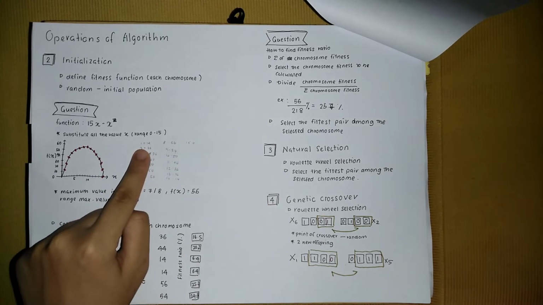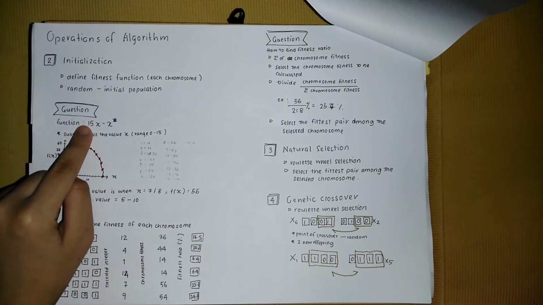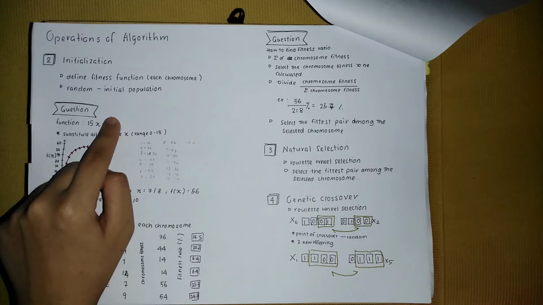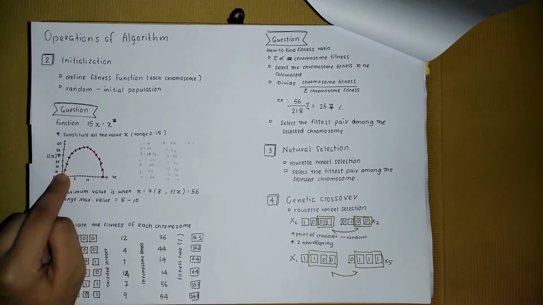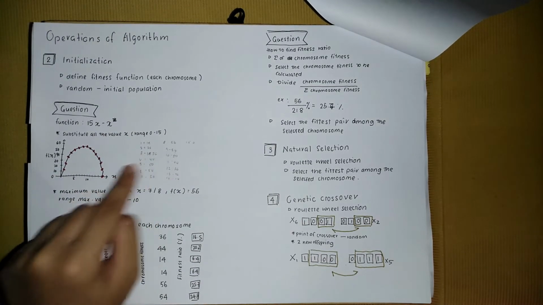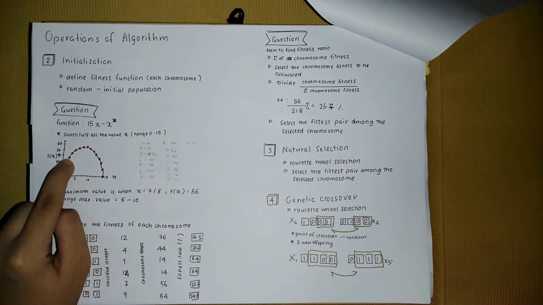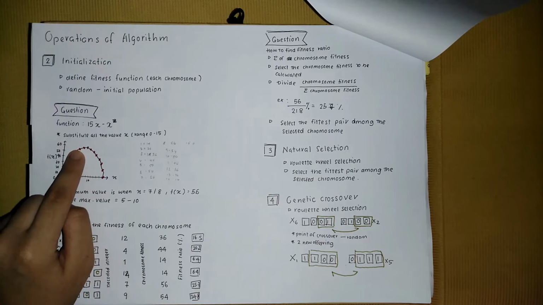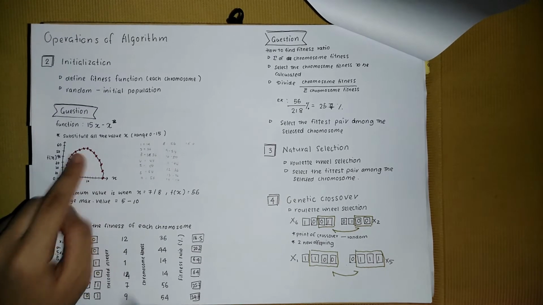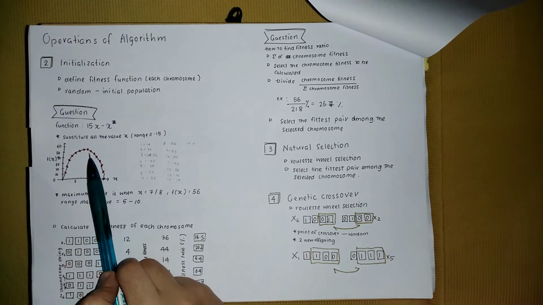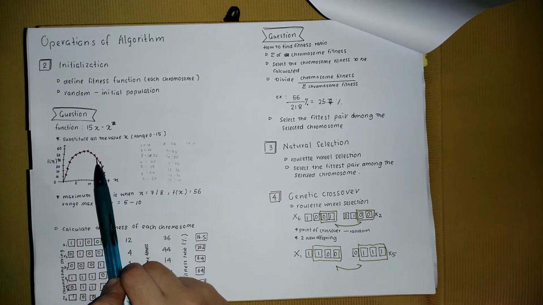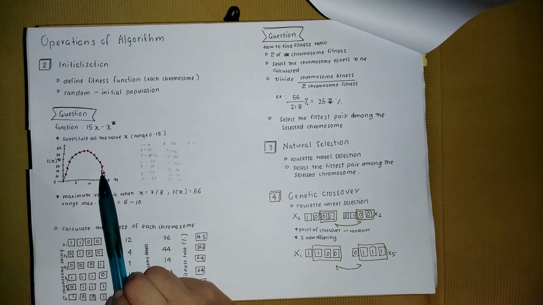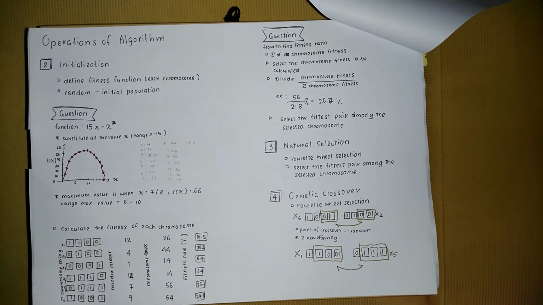Here, I already substituted that. If in 15x minus x squared I substitute x equal to 1, it is equal to 14. So I plot here 14, and so on: 2 will be 26, 3 will be 36, 4 will be 44, 5 is 50, 6 is 54, 7 is 56, 8 is 56, 9 is 54, 10 is 50, 11 is 44, 12 is 36, 13 is 26, 14 is 14, 15 is 0.